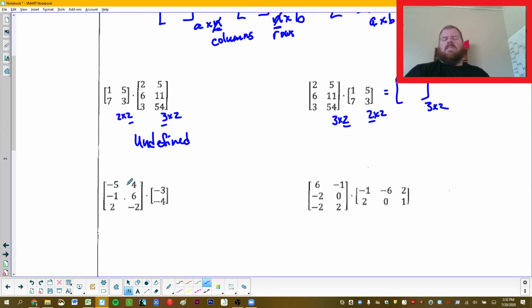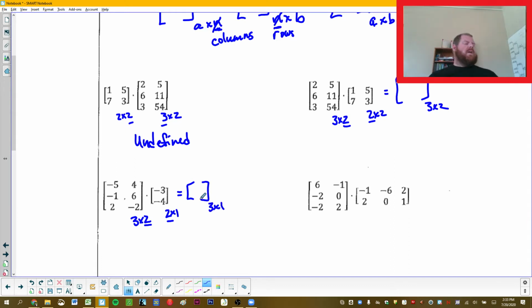Okay? Here I have a 3 by 2, 3 rows by 2 columns. And this one has 2 rows by 1 column. Since those match up, they will multiply, and the resulting matrix, I'm not actually showing how big it is going to be, will be 3 by 1.